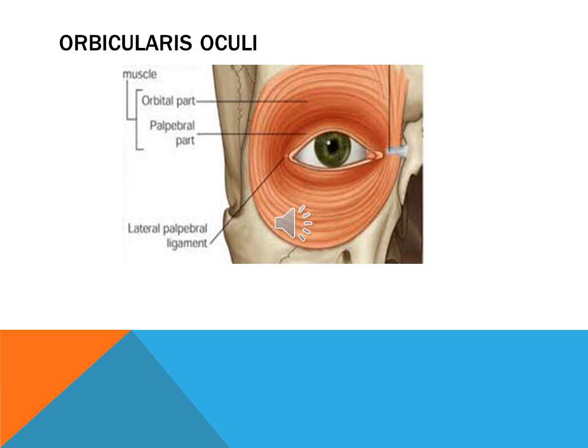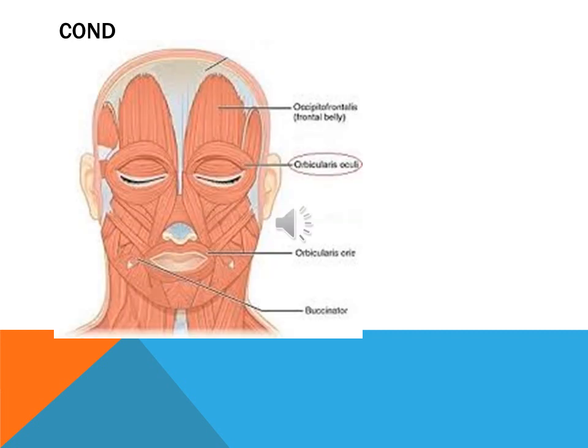And up in the upper eyelid, this is the picture showing the arrangement of the orbicularis oculi fibers, both the orbital portion and the palpebral portion, and the mingling of the orbicularis oculi fibers with those of the occipitofrontalis.